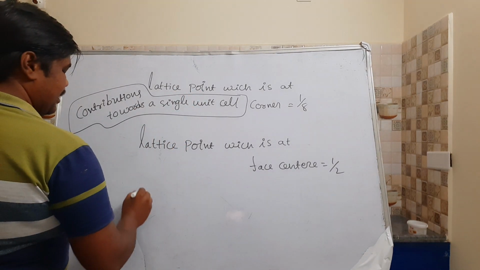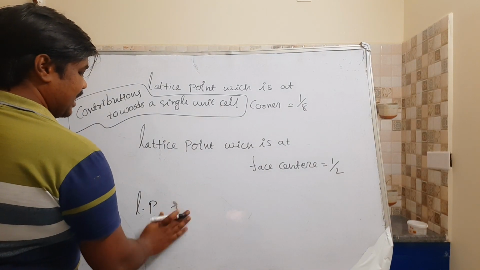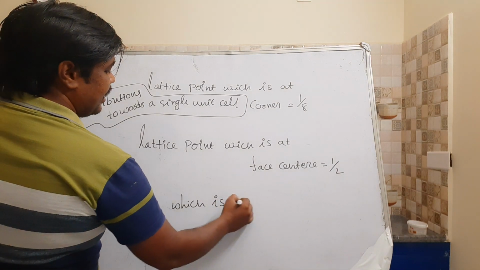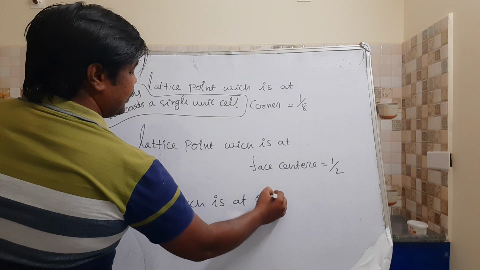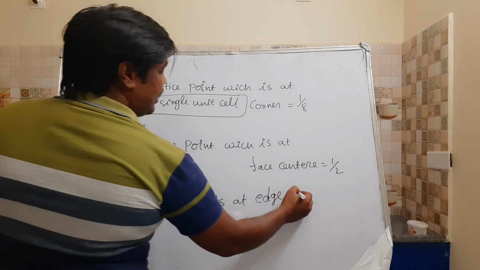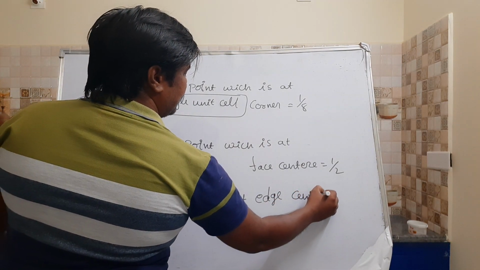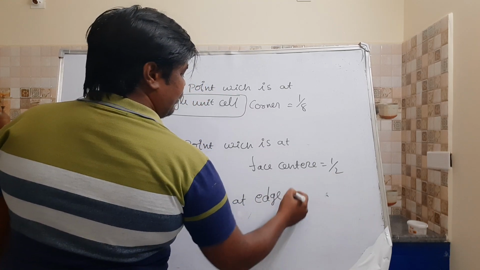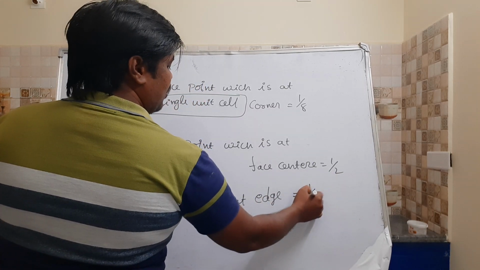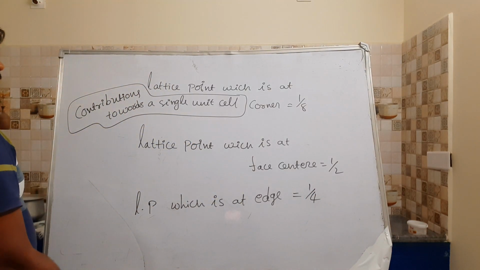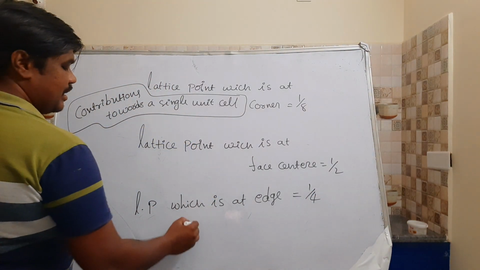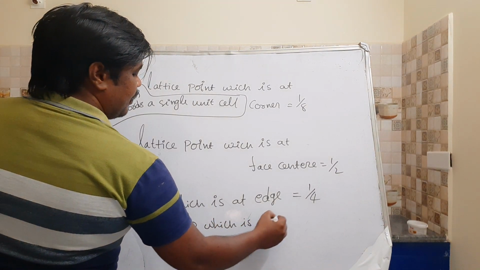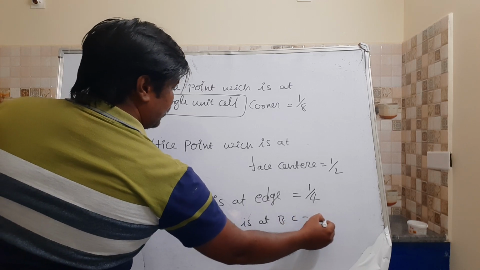If the lattice point is at the edge center, otherwise not at the corner, it is 1/4. We calculated everything in the previous video. A lattice point which is at the body center has a contribution of 1.